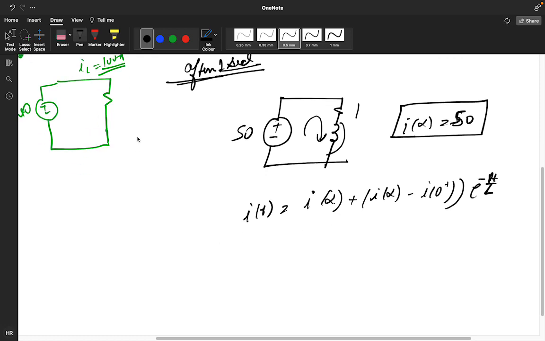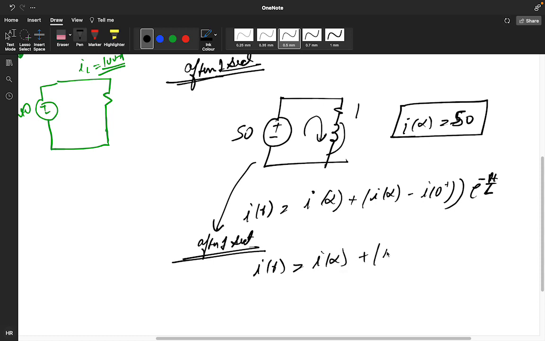Now we are doing it for after 1 second. My I of t will remain I of t, I of infinite will remain I of infinite, and e power minus R by L. So after 1 second, we have to subtract 1 from t: we have to write t minus 1.